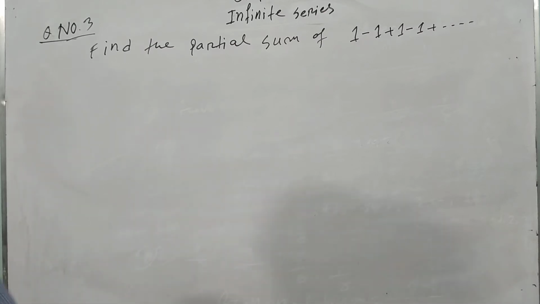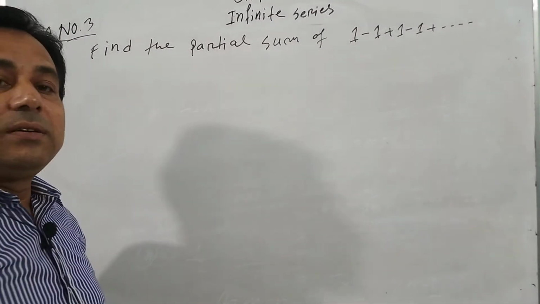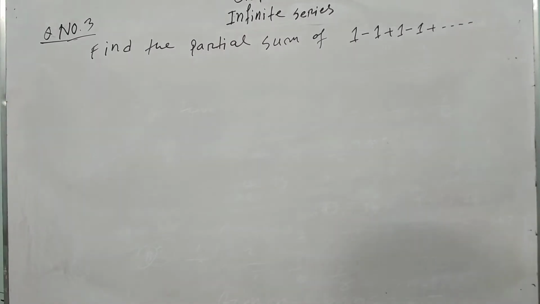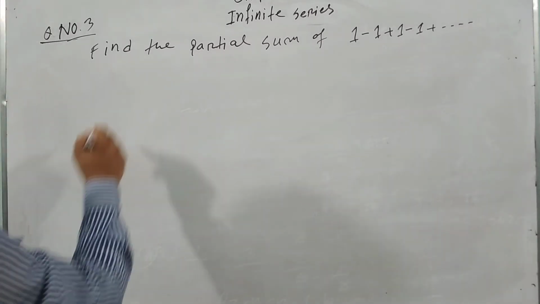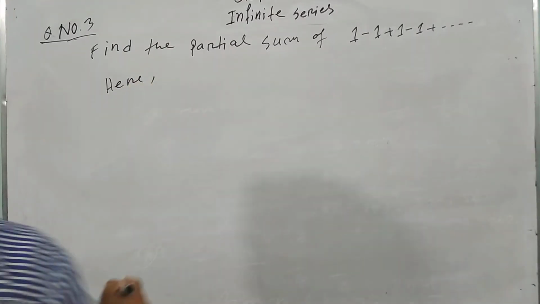Here we have to find out the partial sum. Firstly, we have to know the formula of partial sum. How do we use this formula? Firstly, here we know the first partial sum.